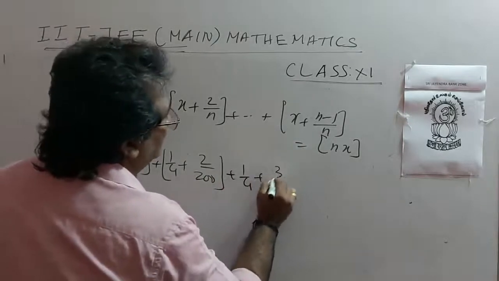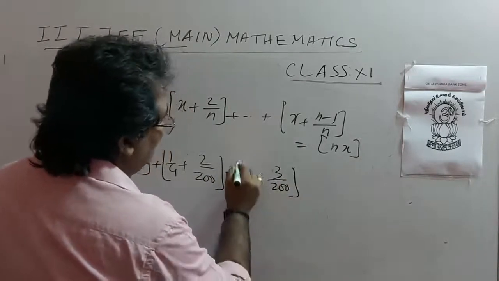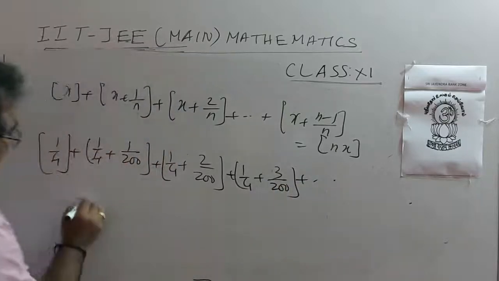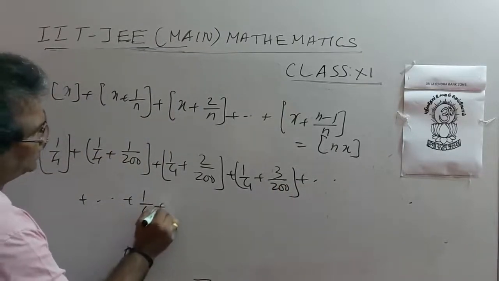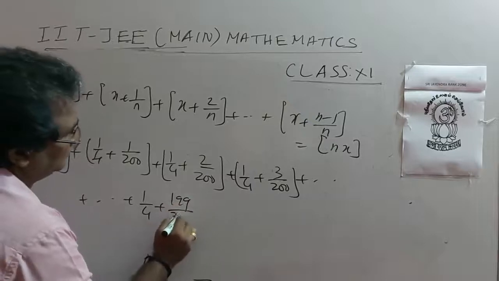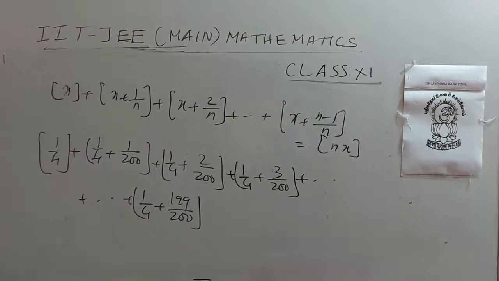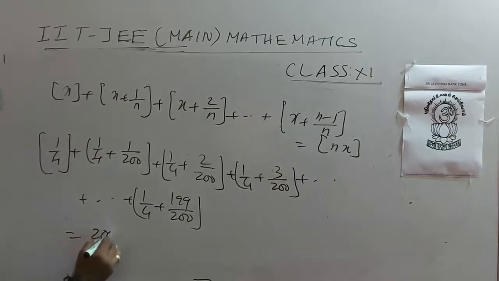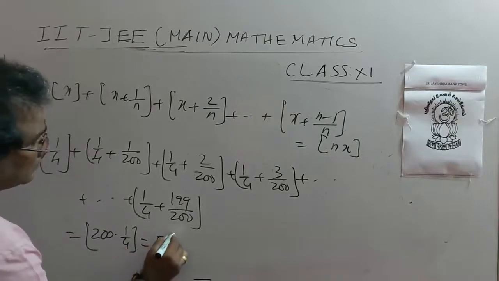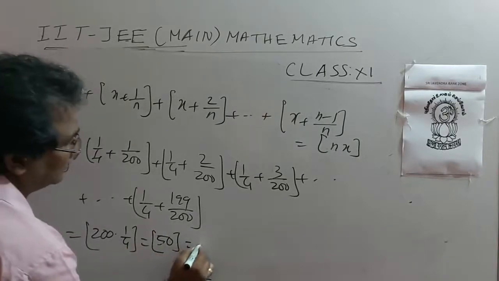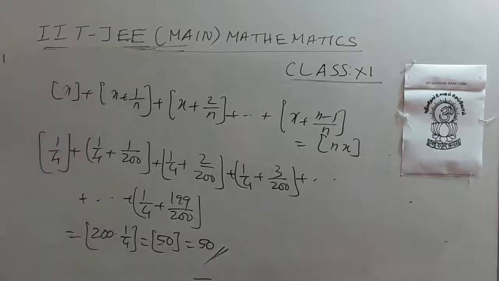Then 1 by 4 plus 3 by 200, and so on, up to 1 by 4 plus 199 by 200. If it is n, this is n minus 1. So we can apply this formula nx, that is 200 times 1 by 4, 50 integer part, that is 50.